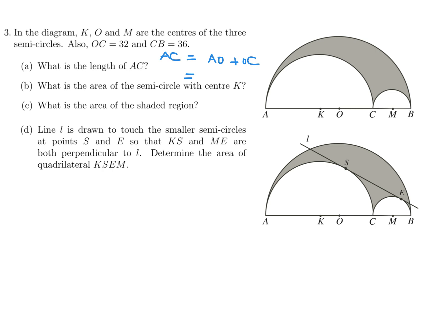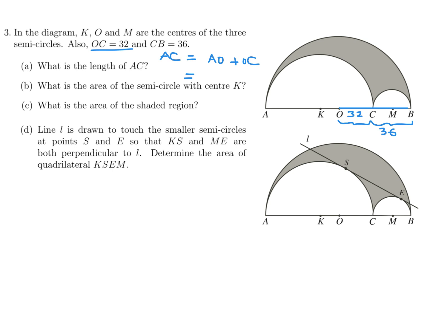So they told me, let's see, do they give me any clues in here? Let's see here. OC, yeah, they give me up here. OC is 32, right? So O to C is 32. And then C to B is 36. So this is 32, and then here is 36. So that means that from O to B is 32 plus 36, which is what, 68?